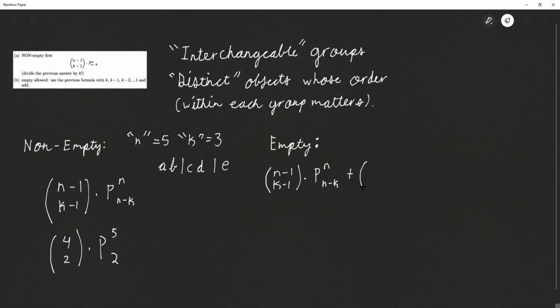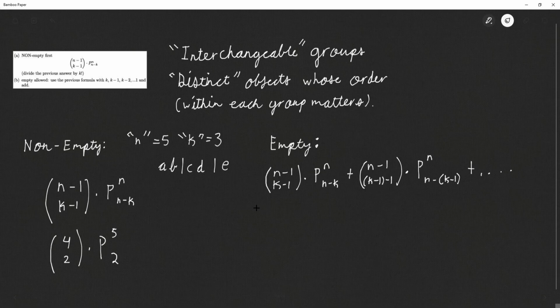Now, whenever you see a k, we're going to replace it with k minus 1. So it's going to be n minus 1 choose k minus 1 minus 1, multiplied by the permutations of n and n minus k minus 1. And then you'll keep going up until it's equal to 1.